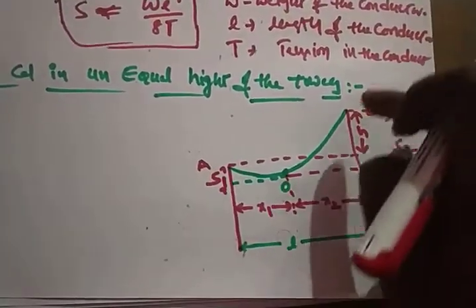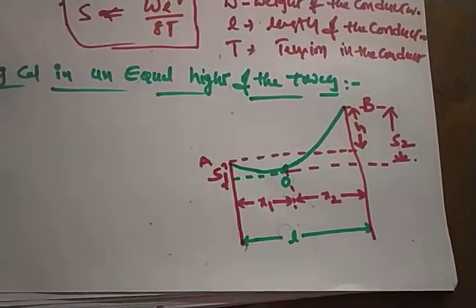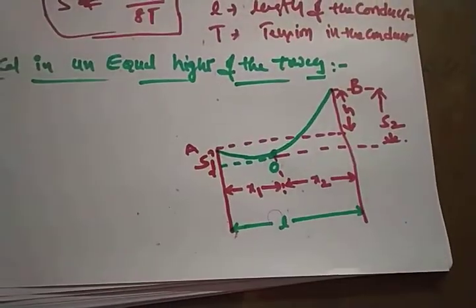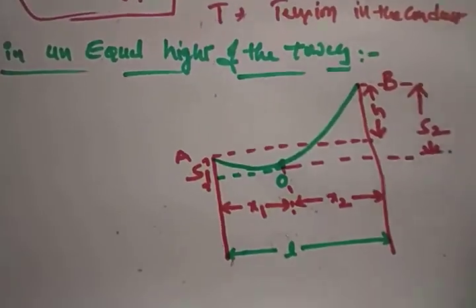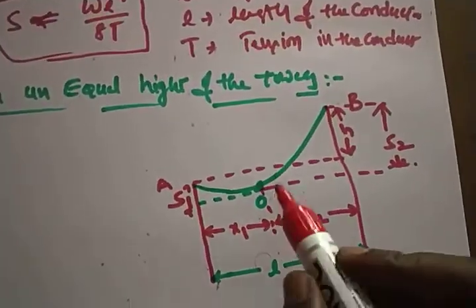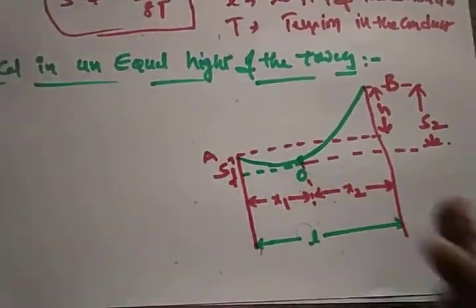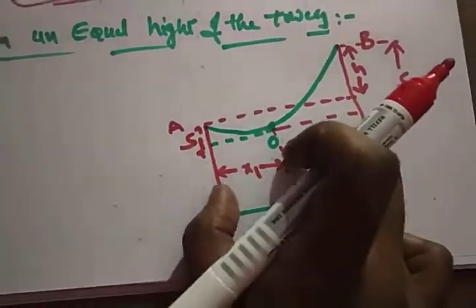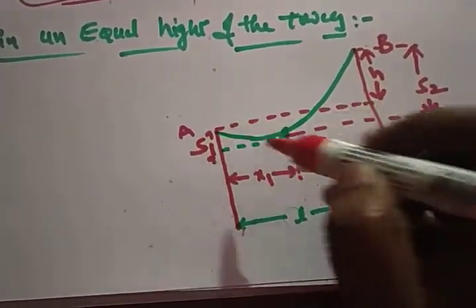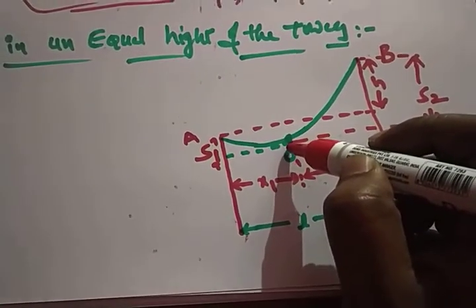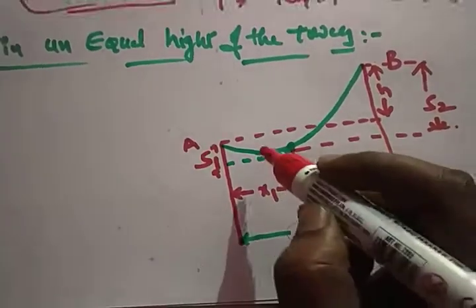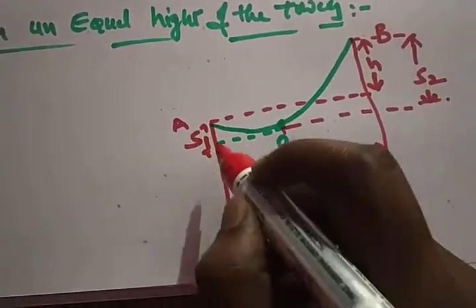The length of the transmission line is L, that means the span. We assume the point is O. From support A to the point O, this is the top of the support and this is the lowest point we are assuming, which is not accurate, but we assume it. We call this sag S1.